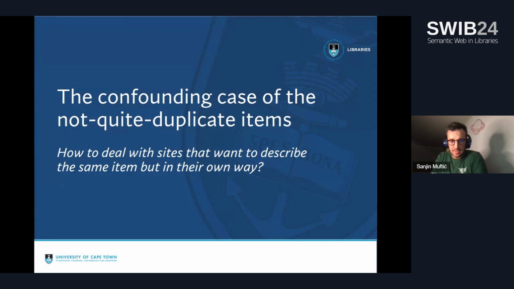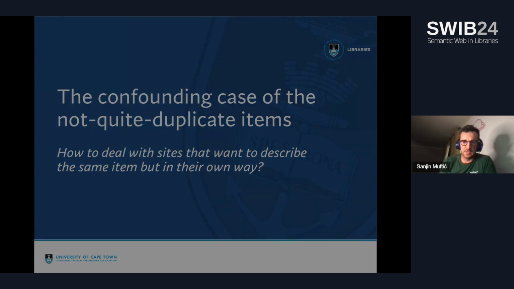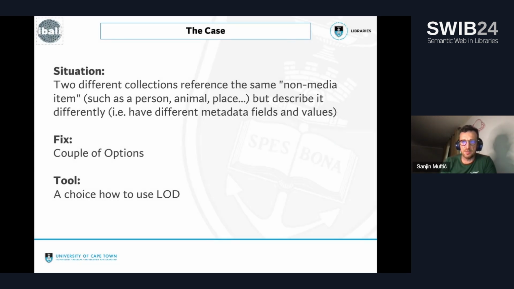Then the confounding case of not quite duplicate items is how to deal with sites that want to describe the same item, but in their own way. So in this case, we might have the same non-media or even media item, and every site wants to describe it slightly differently.